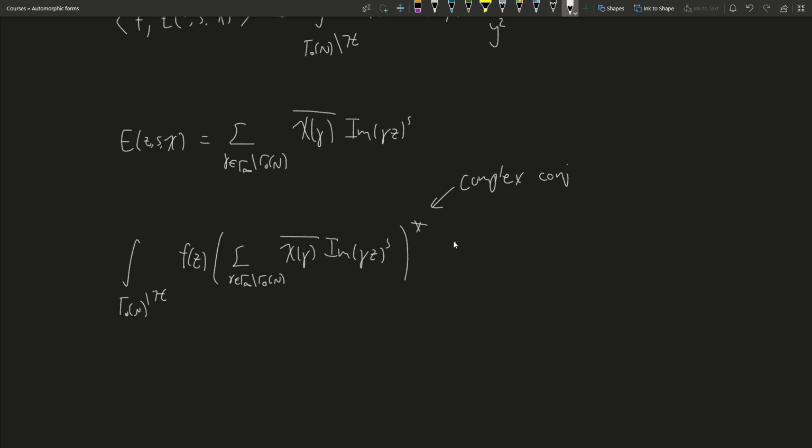And then we still have our usual measure.